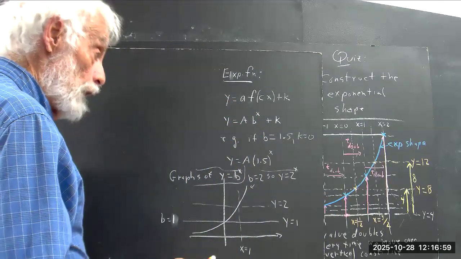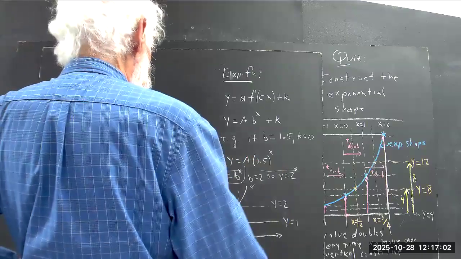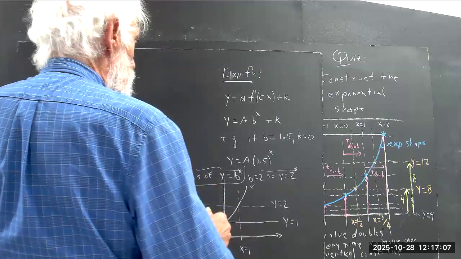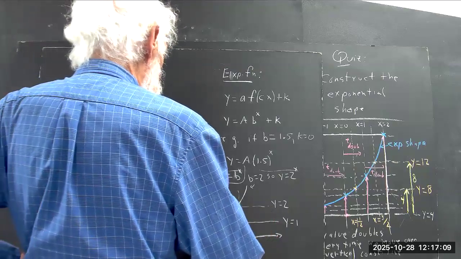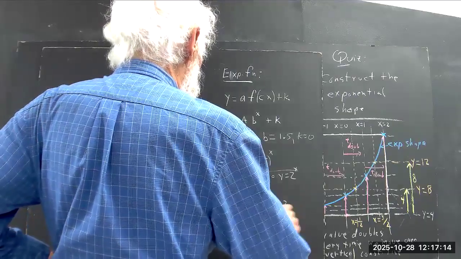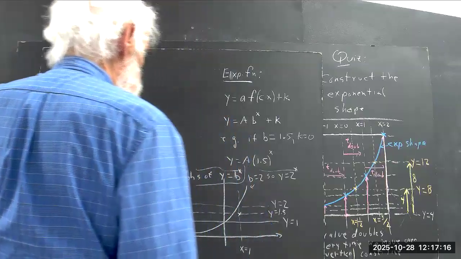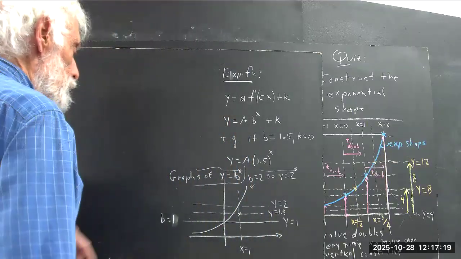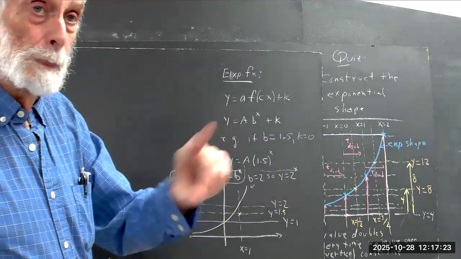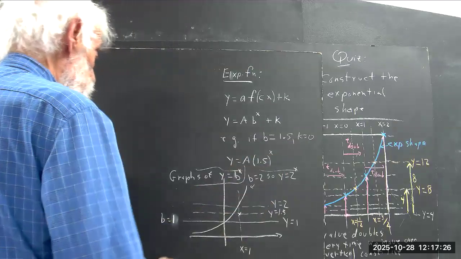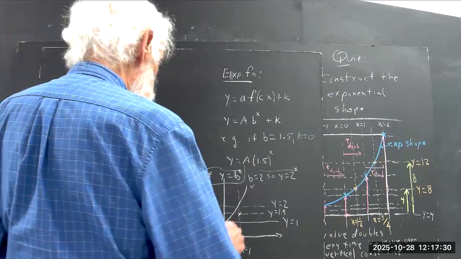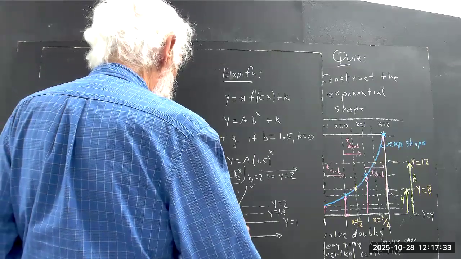If b is 1.5, then when x equals 1, 1.5 to the first power is just 1.5. We're going to have an exponential function like this. Now, no matter what b is, b to the 0 power is 1. Remember, any number to the 0 power is 1. So every graph of y equals b to the x goes through this point.